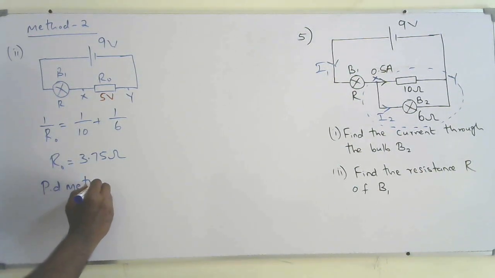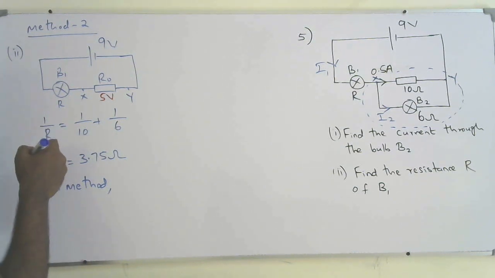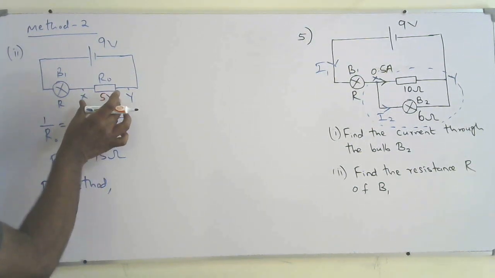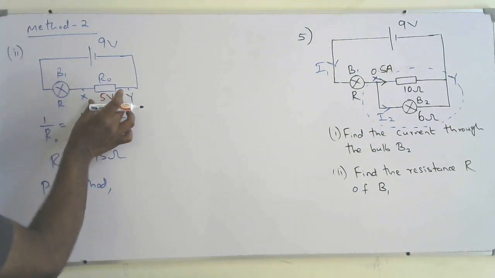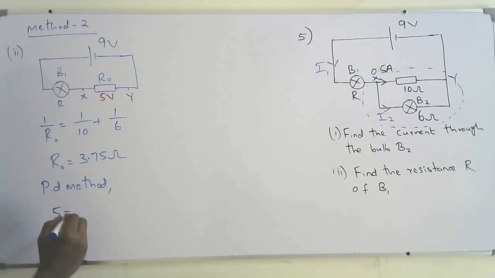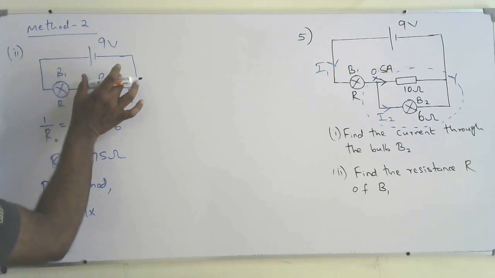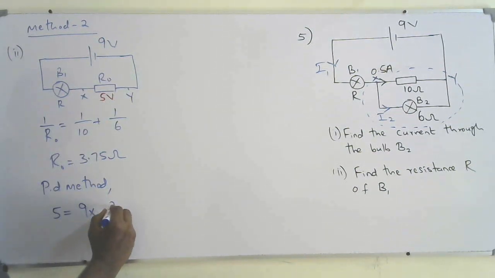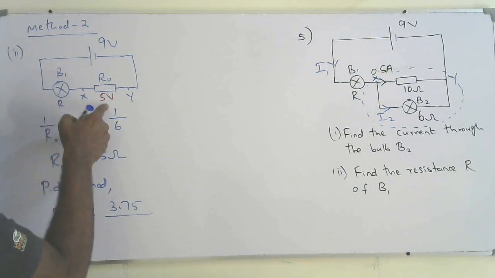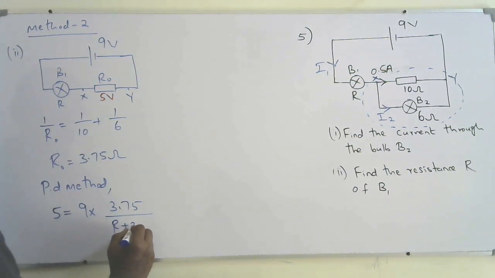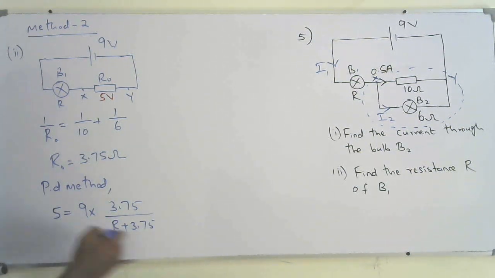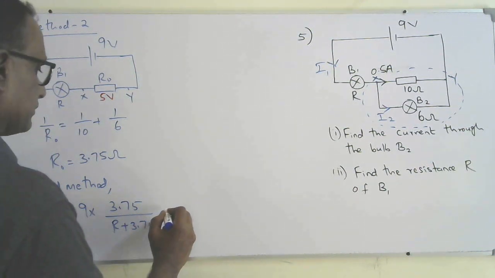If I use the voltage across R naught, that is the equivalent resistance, it is 5. So 5 equals the total voltage 9 into that resistance R naught, that is 3.75 over R plus 3.75. Solve it and find the R here.